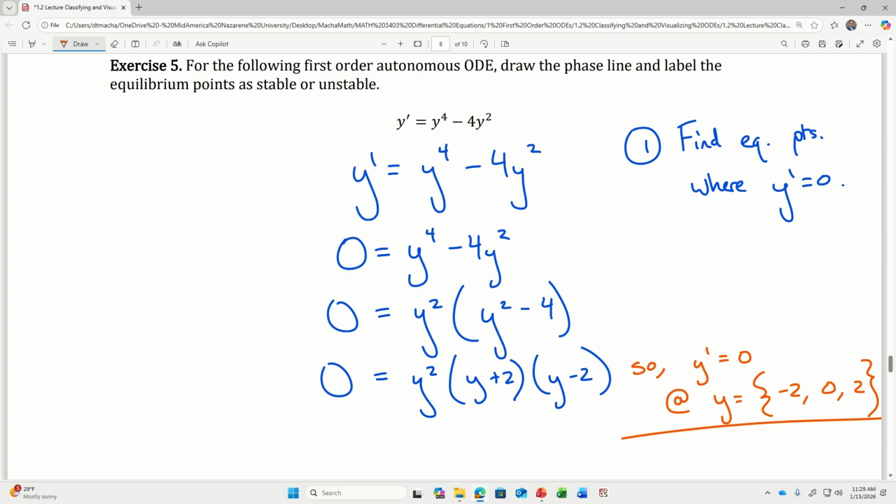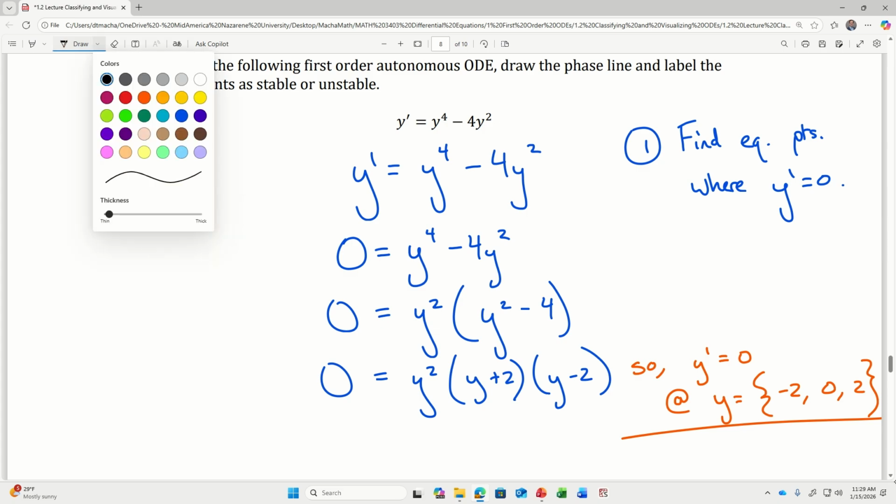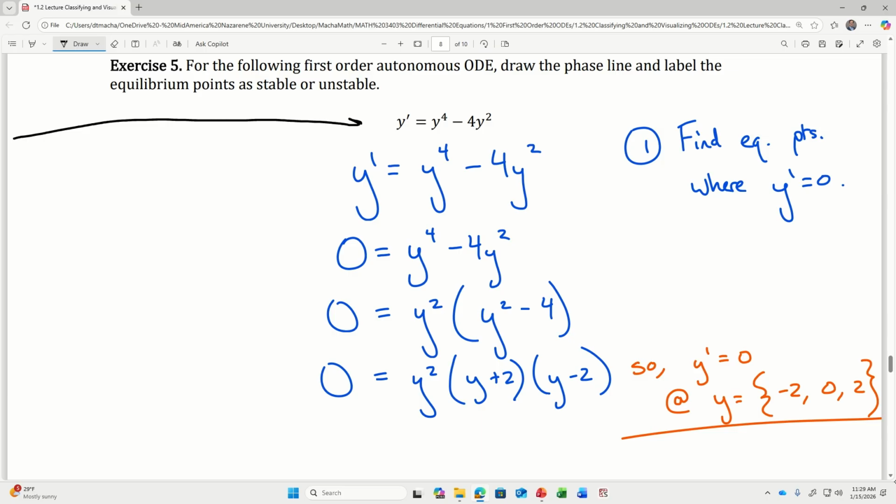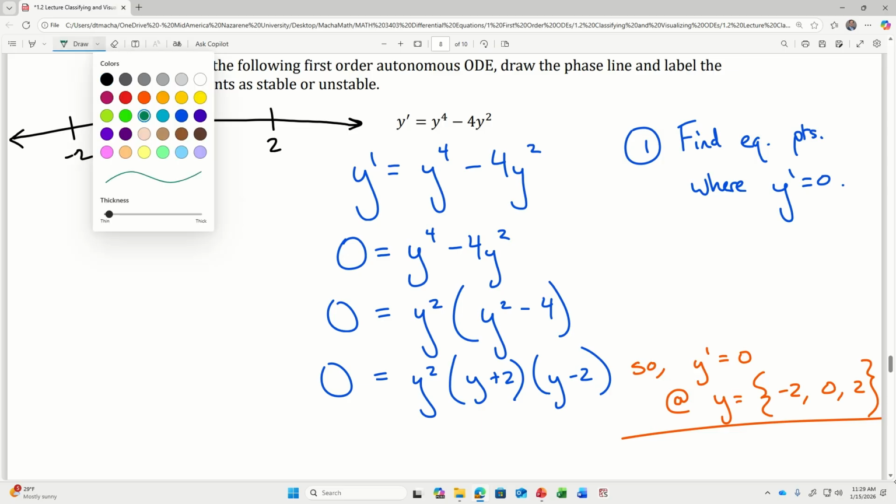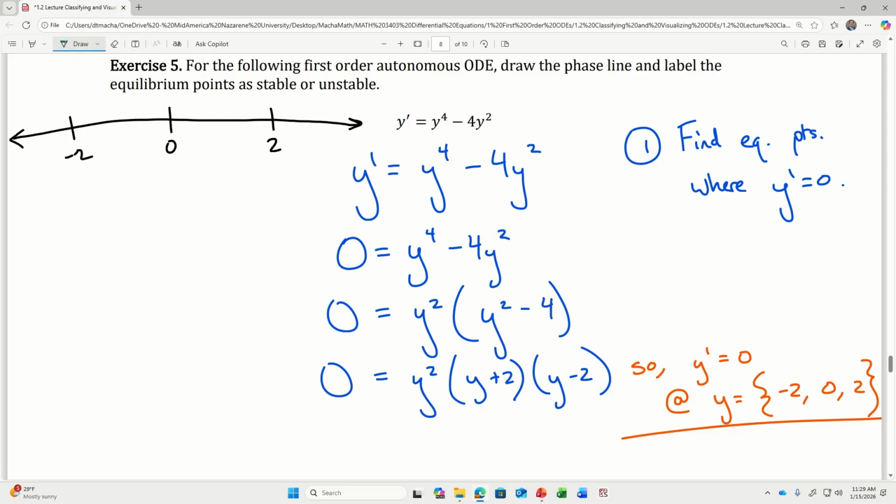So when I go to draw my phase line, I need to mark where those equilibrium points are, at 0 and negative 2 and positive 2. And the only other thing I need to do is mark in between the equilibrium points which directions my solutions are going, okay?